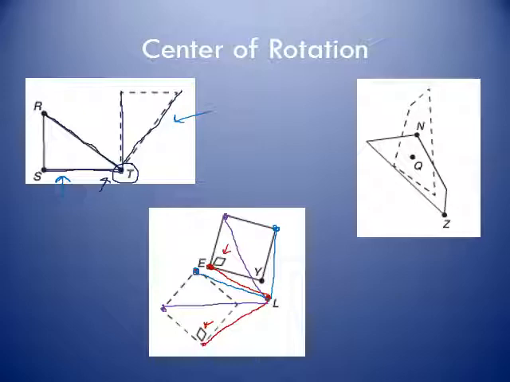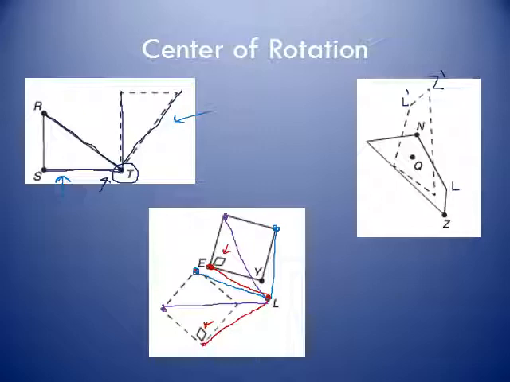Let's look at this one up here on the right to practice that. You can tell from just the shape itself, if this is Z, then this one is Z prime. And if this is L, then this one must be L prime. Just to label the other ones.